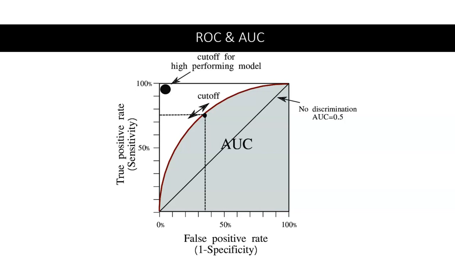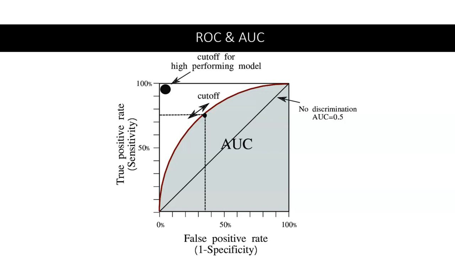In the graph you can see the diagonal line, and it separates the upper and the lower parts. The upper one is the curve, which you can see with the cutoff value written. That is called the ROC curve, or receiver operating characteristics.